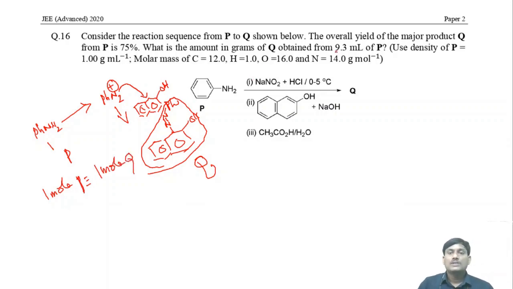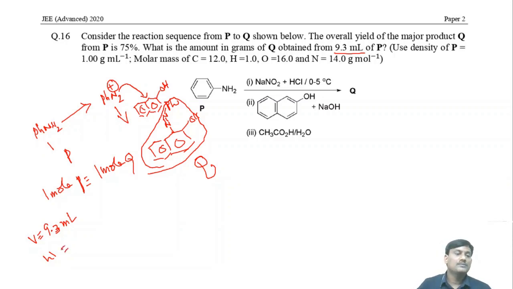Here, how many moles of P are participated in the reaction? 9.3 ml of P means how many grams? If this is the volume, then what is the mass of P?